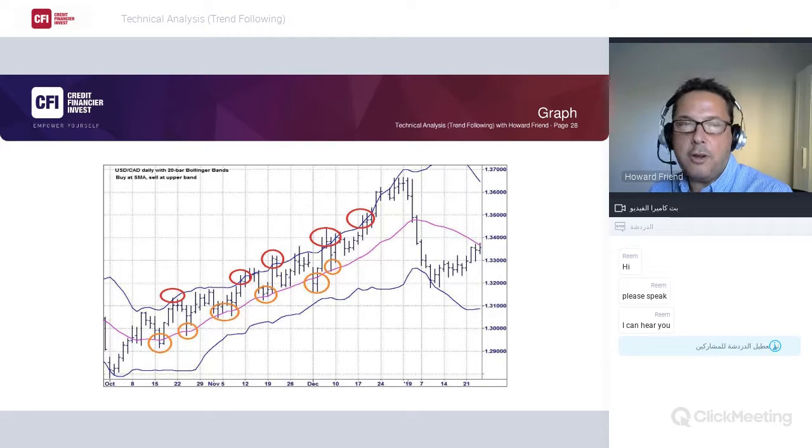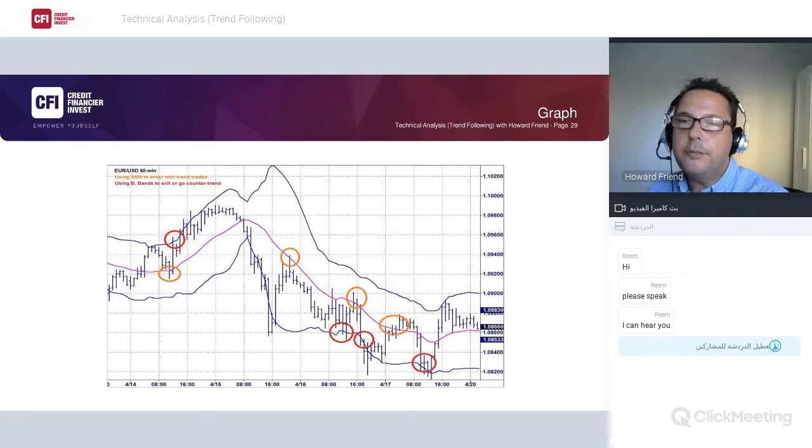This one actually not great for a counter trend trader because it just continued to go higher, but eventually the bubble burst and dollar Canada came down quite aggressively. So a lot of opportunities there for the swing trader, playing the trend and anti-trend as well.